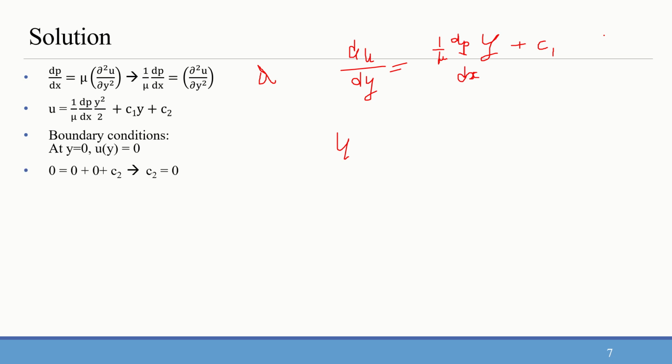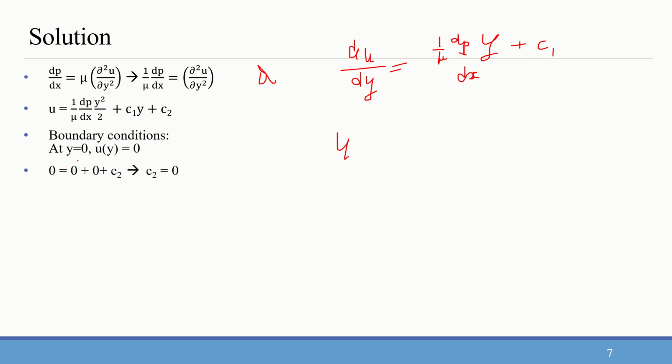Next thing is, we are applying the boundary condition in the original equation. Why are we doing this step? We are doing it so that we will get what C1 and C2 are. So when we apply y equal to 0, u also becomes 0. So if we take y 0 and u 0, C2 becomes 0 because y is 0.